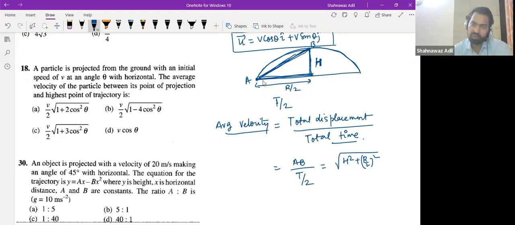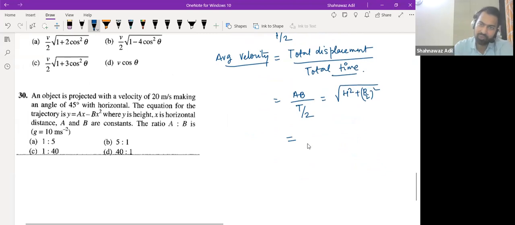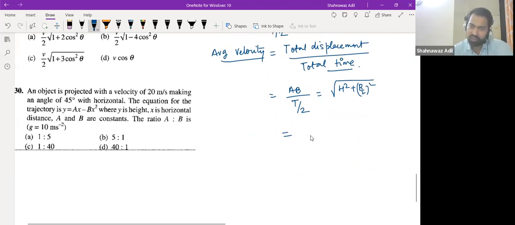Okay, and time we know. Time from here to here is t by 2. So that is why total time is t by 2. So now let us calculate all the values. h is r tan theta by 4, right?